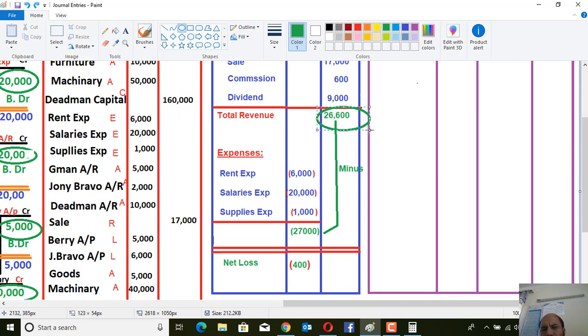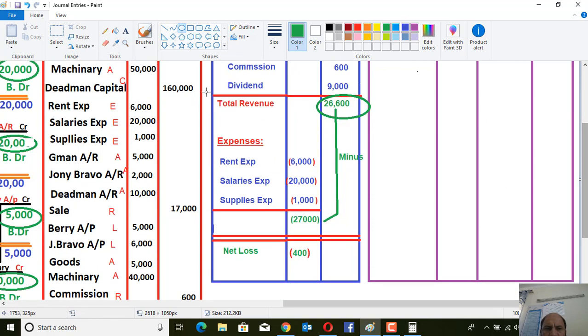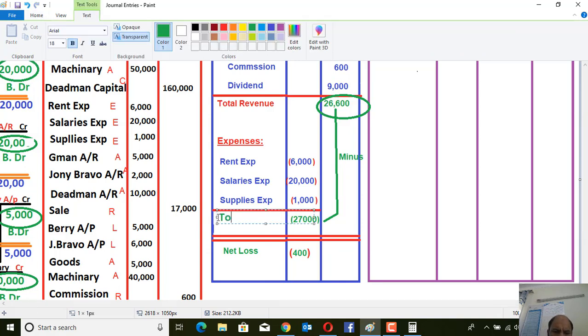This is what our total revenue. Along with this we have some expenses, for example the rent expenses, salary expenses, and supply expenses. See dear students, it is already available in the trial balance. This is rent expenses, this is salary expenses, and this is the supply expenses. From all these rent, supplies and salaries we have added them and found that this is our total expenses.